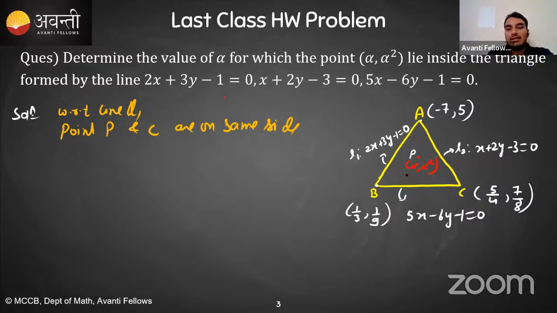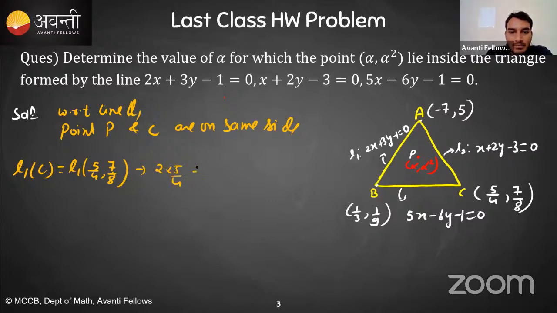So first determine the value at C. Put point C in the line L1, which means put (5/4, 7/8) in the line. What will you get? 2 into 5/4 plus 3 into 7/8 minus 1, right?